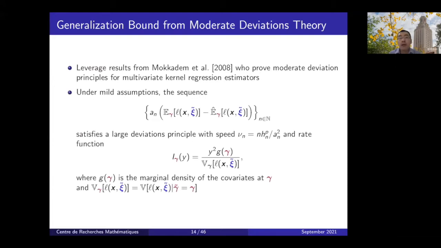We show that under some reasonable assumptions, which include the boundedness of the support set, the boundedness of the loss function, and some differentiability assumptions on the joint density function of gamma and psi, this sequence that measures the error, the deviation of the Nadaraya-Watson estimator from the true conditional expectation at a fixed x, satisfies the moderate deviations principle with speed nu n and rate function I. As we have seen before, it depends on the density function G and the conditional variance of the loss function at gamma.